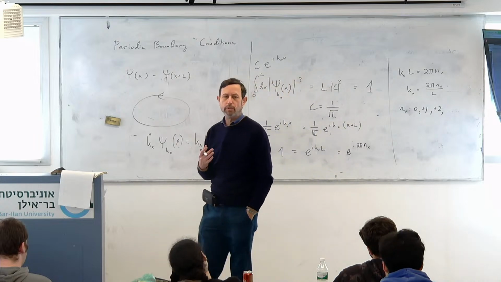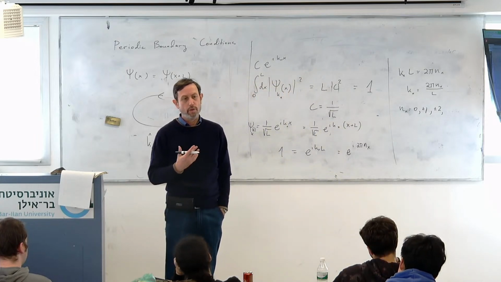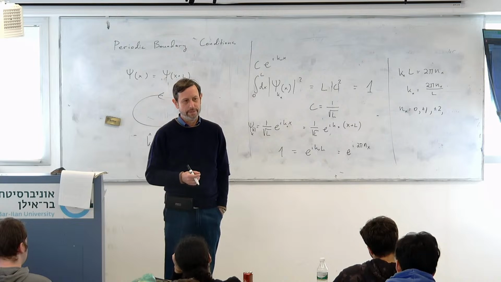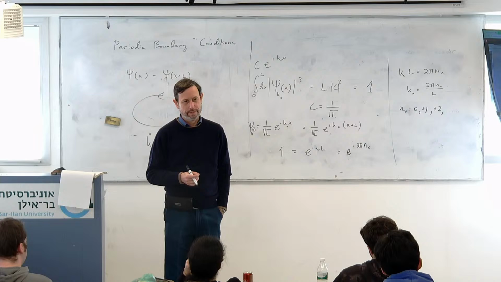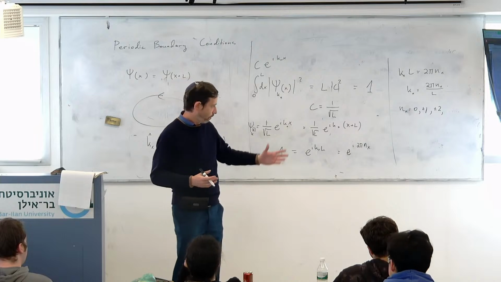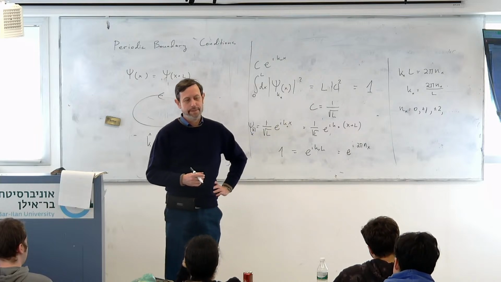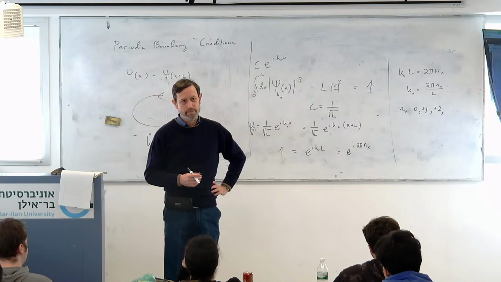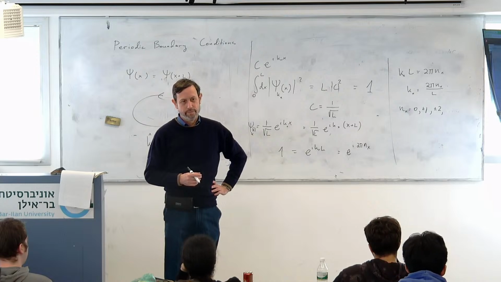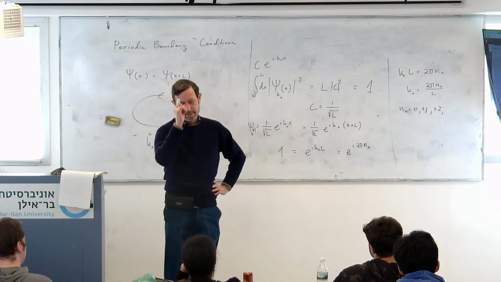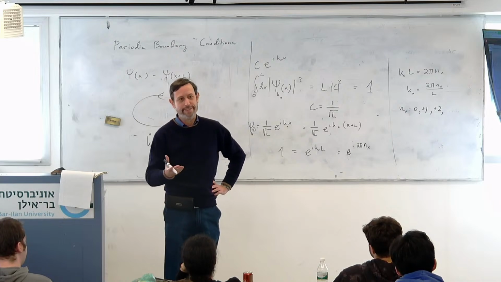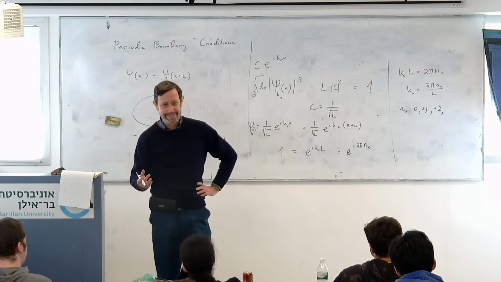What will happen to the orthogonality condition? In which case? For the discrete case. It will become a Kronecker delta, right? Exactly. Then it's a Kronecker delta, not a Dirac delta.